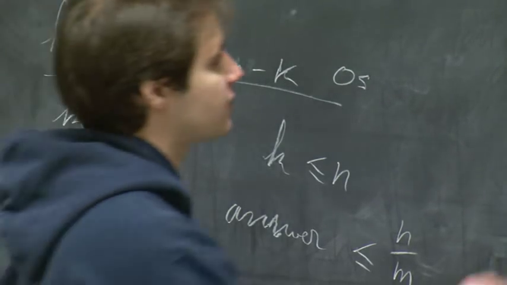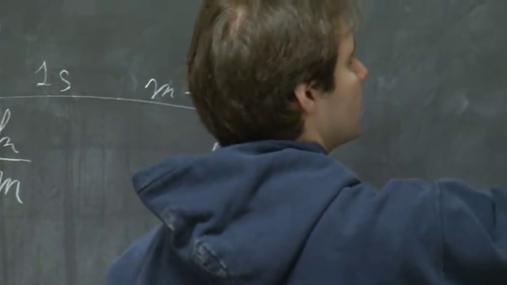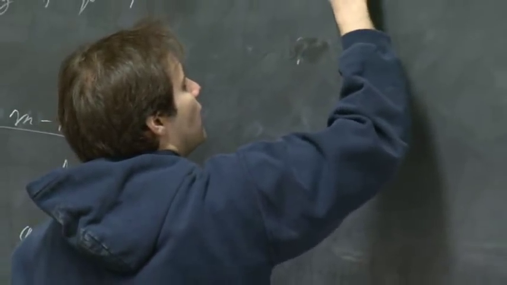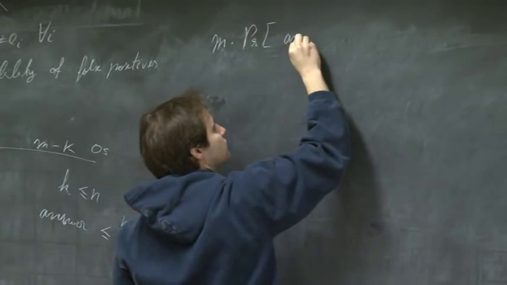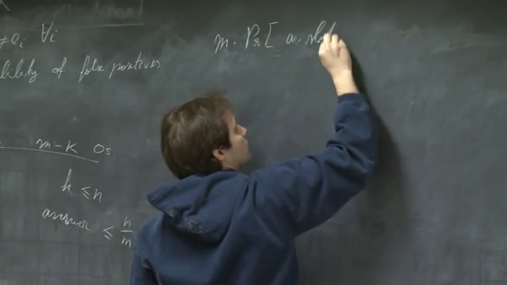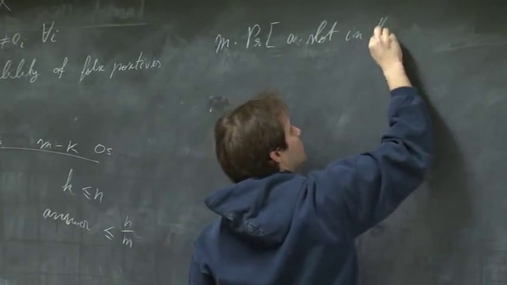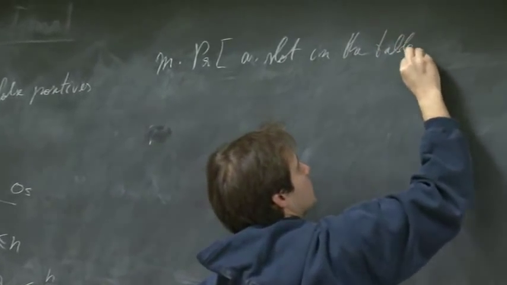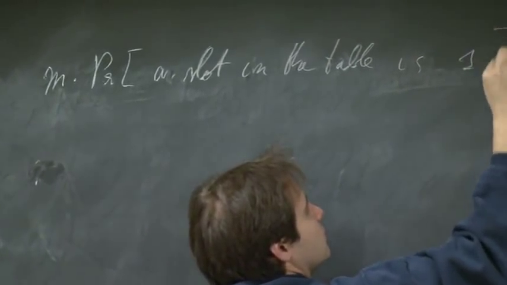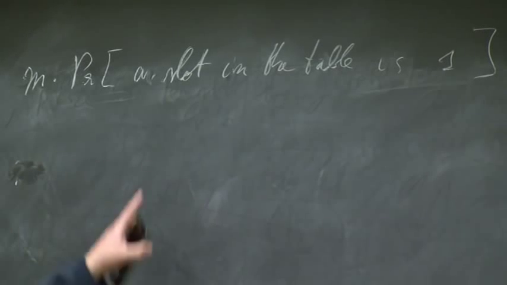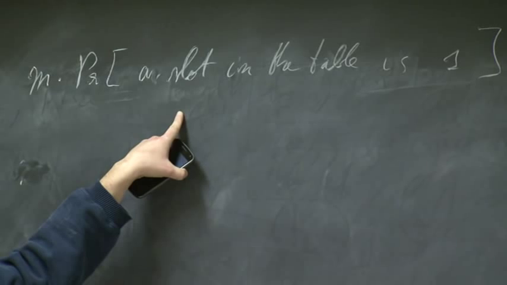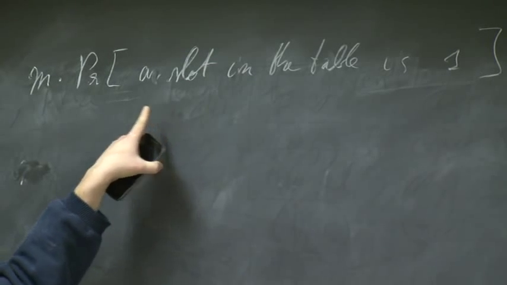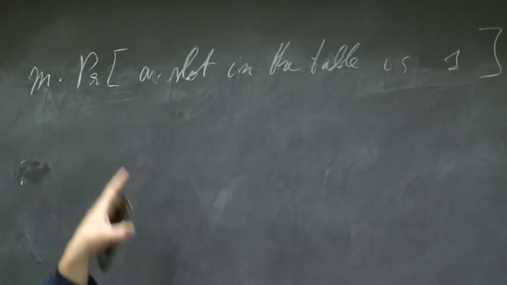Well, what's that? That's m times the probability that a slot in the table is 1. The probability that a slot in the table is 1 is k over m. So if we know this probability and we multiply it by m, then we get k.